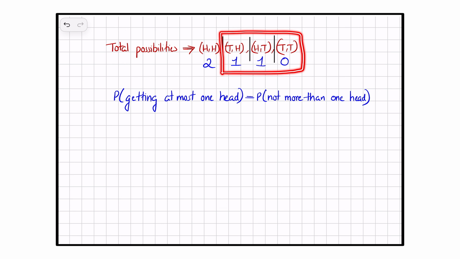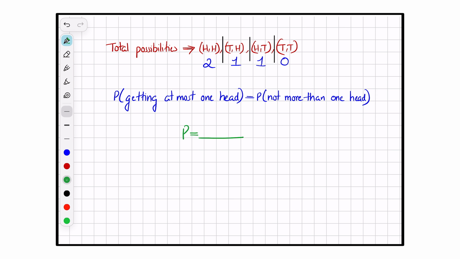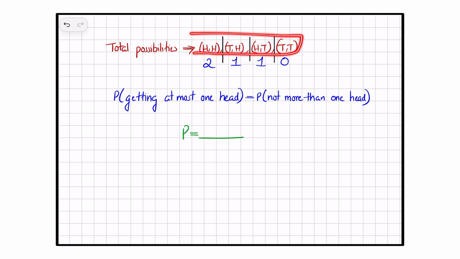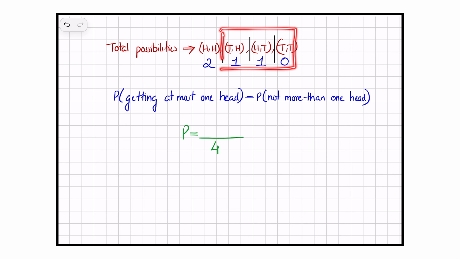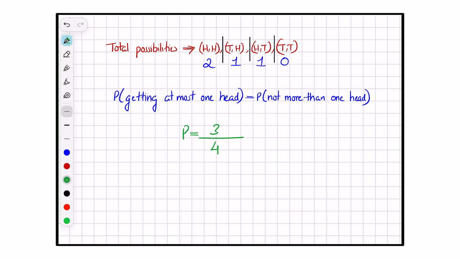So the probability will be, when you toss 2 coins, we know there are 4 possibilities, and out of which we have only 3 favorable outcomes. So the answer is P equal to 3/4.